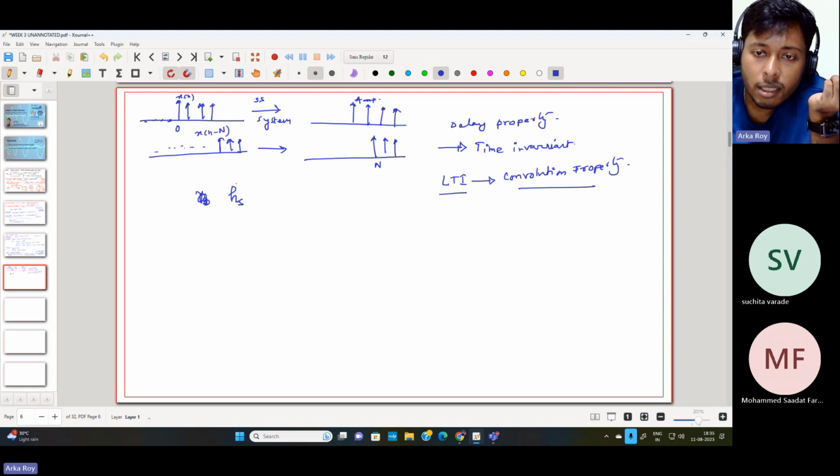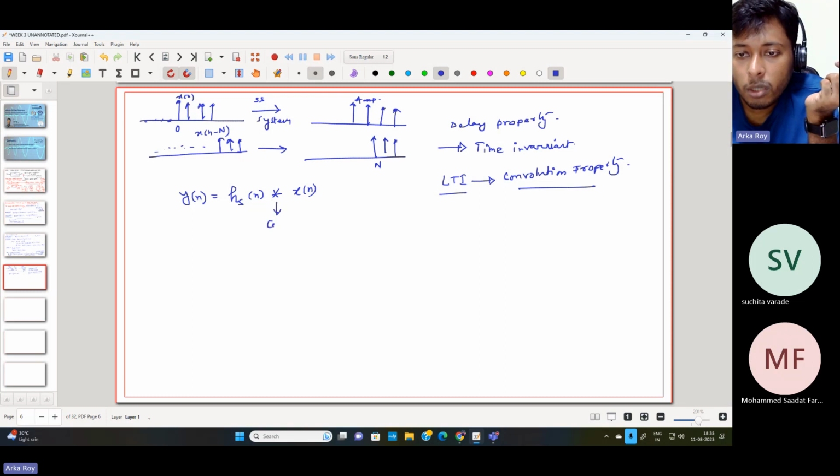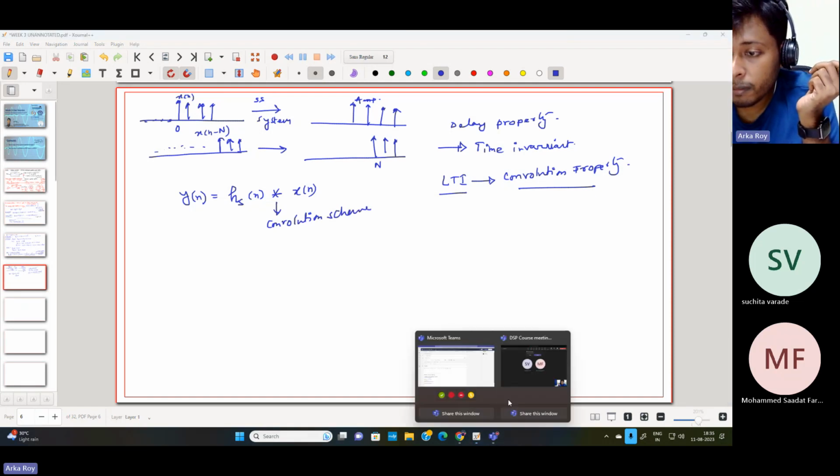So let us consider the impulse response of a steady state system is h_ss(n) and the input is x(n), then y(n) can be found using the convolution scheme. I guess someone is trying to join.